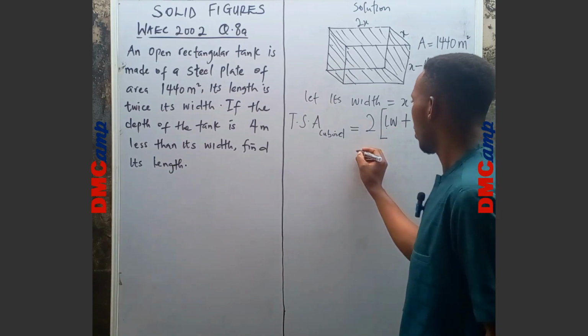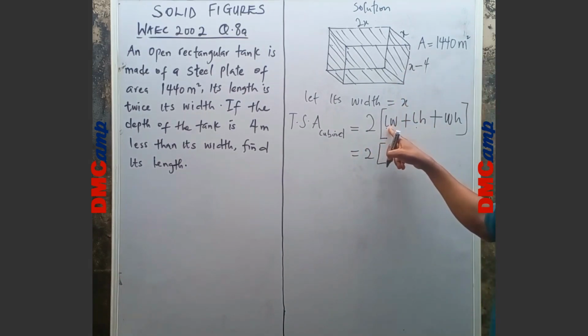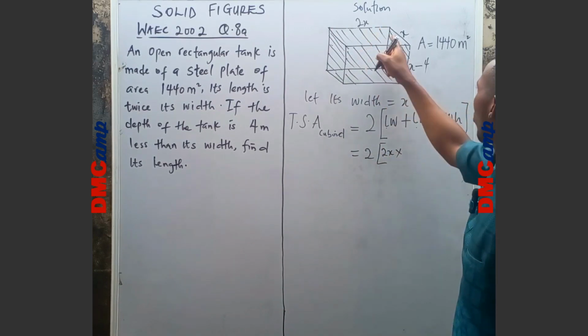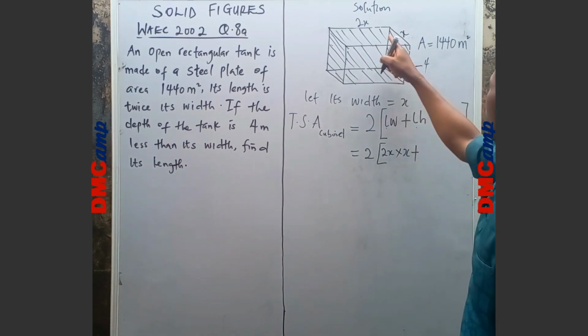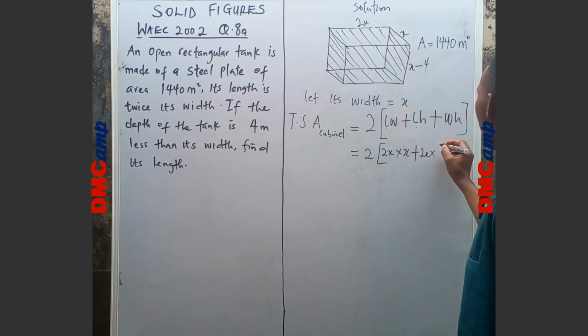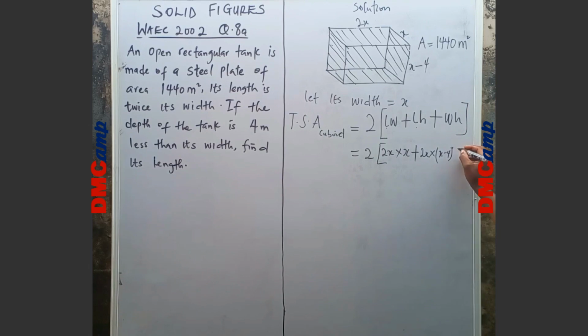So we have 2, open bracket: the length is 2x, multiplied by the width, x, then plus the length, 2x, multiplied by the height, x minus 4. Then finally plus the width, x, times the height.